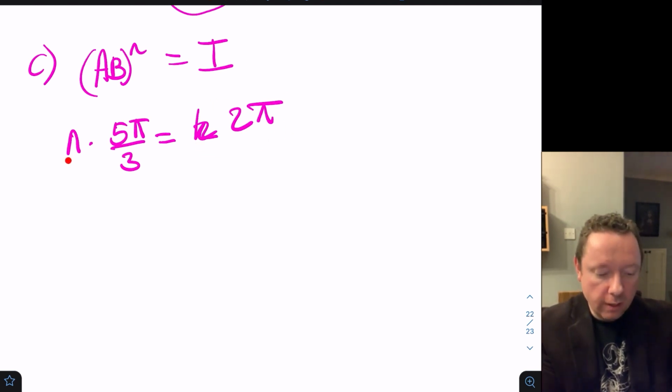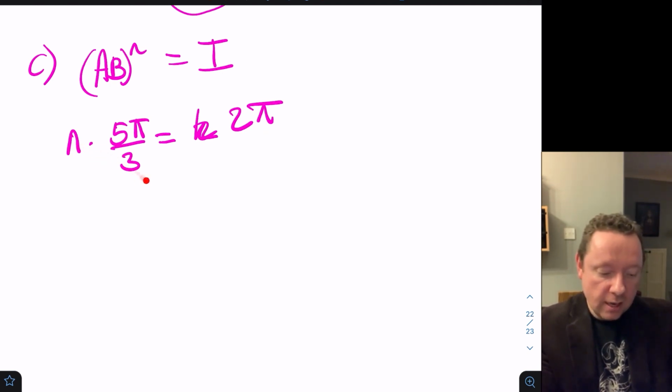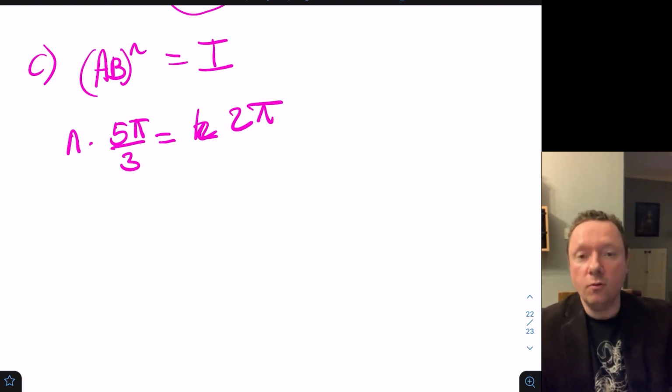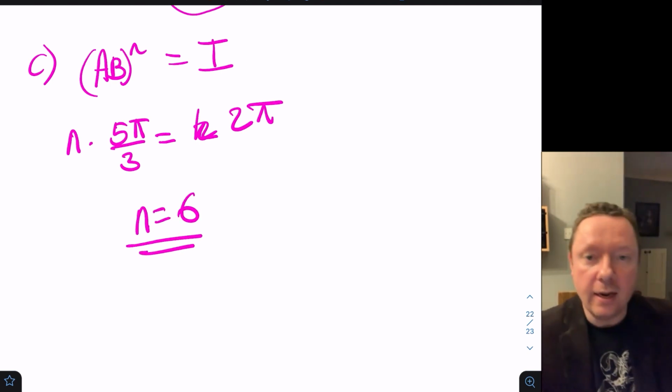So if we try 1, we get 5 pi over 3, that's not a multiple of 2 pi. Try 2, it's obviously not going to work. 3 is going to give us 5 pi, which isn't a multiple of 2 pi. 4 or 5 is not going to work. If we try 6, 6 over 3 is 2, 2 fives is 10, 10 pi is a multiple of 2 pi, so n equals 6, and we're done there.